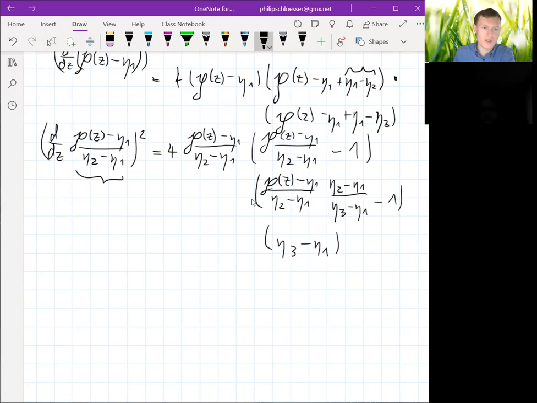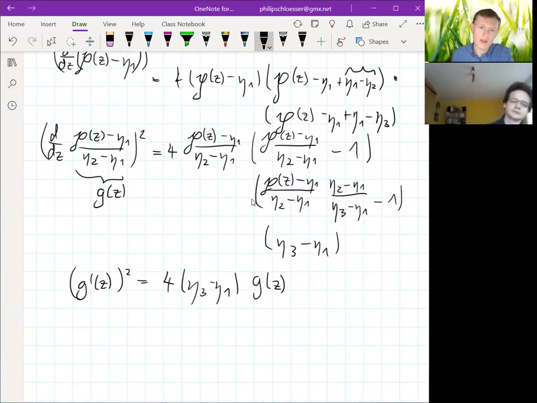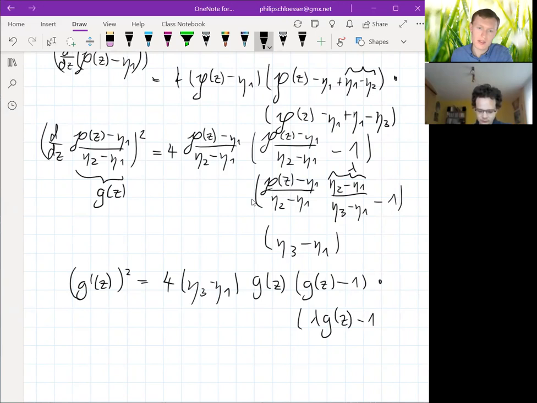Or if we call this fraction here g of z, this means that g prime of z squared is equal to 4 times eta 3 minus eta 1, which is just some constant, times g of z times g of z minus 1 times some factor that we call lambda, lambda times g of z minus 1.